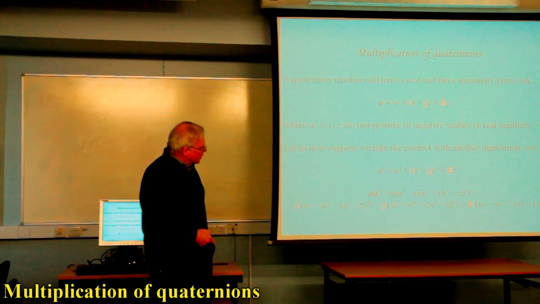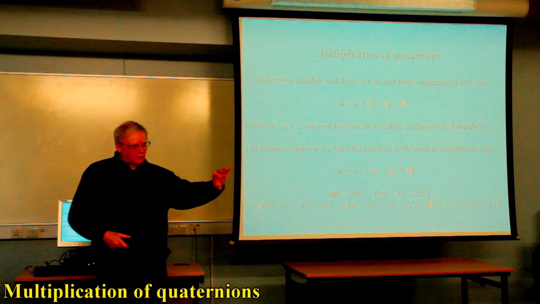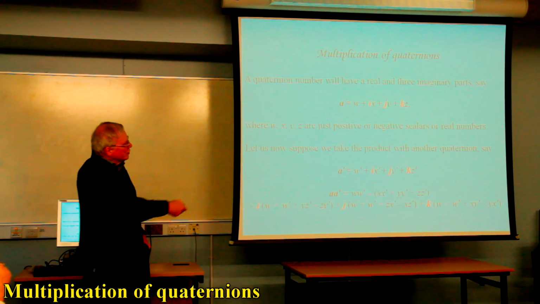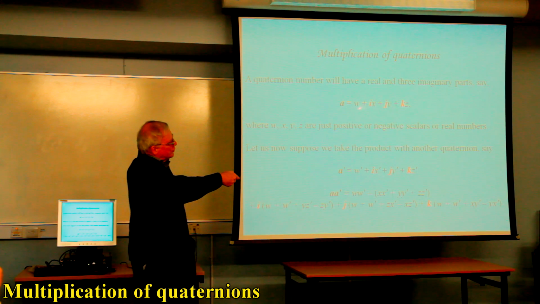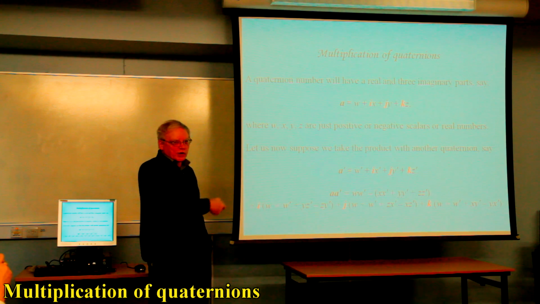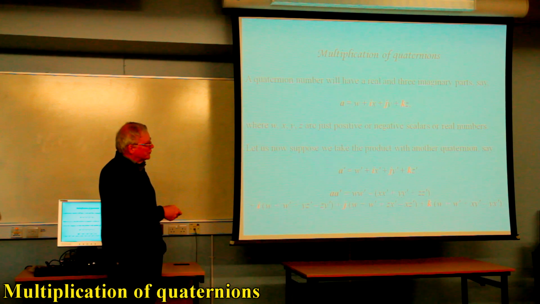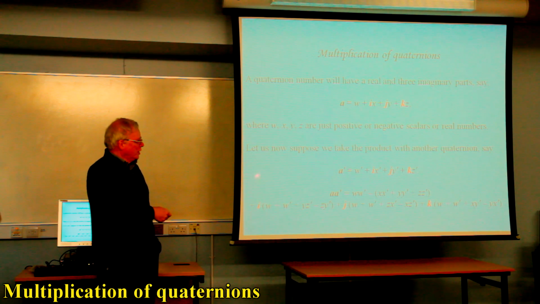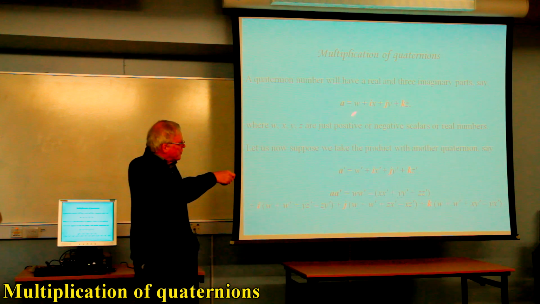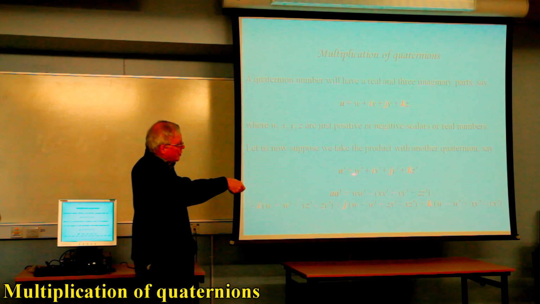Now, if we take quaternions as a package, the 4 components, we will get an object like that, and w, x, y, and z are sort of scalar units that go with them. They're just positive or negative scalars, just real numbers. And if we take the product of that with another one of the same type, let's say primed with primed symbols, so we take A and A primed, and we multiply it out, then this is what we will get.